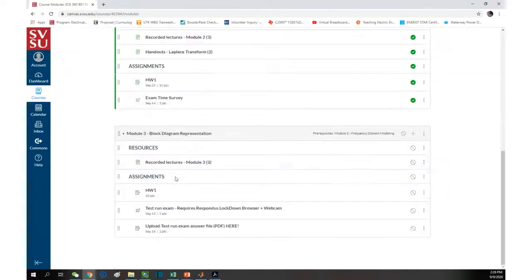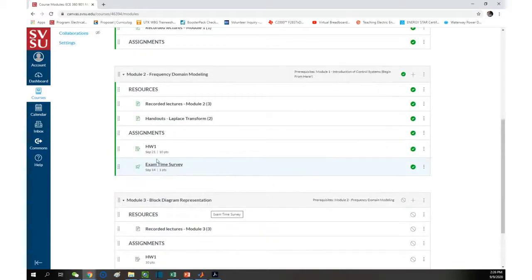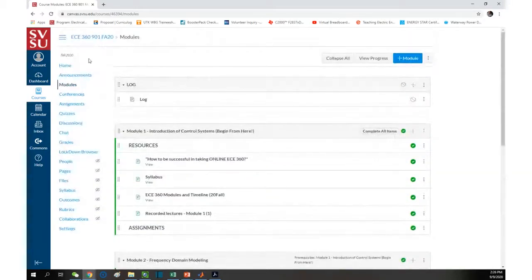The test and exam I'm not publishing yet, but I will. It's inside the modules. Everything goes back to the modules. It's not in the menu here. Every course material is in the modules. All right, thank you.